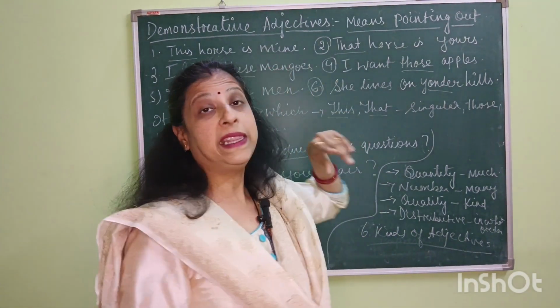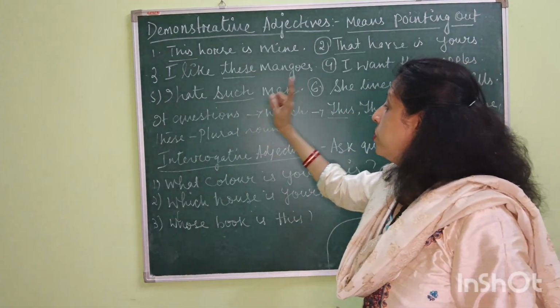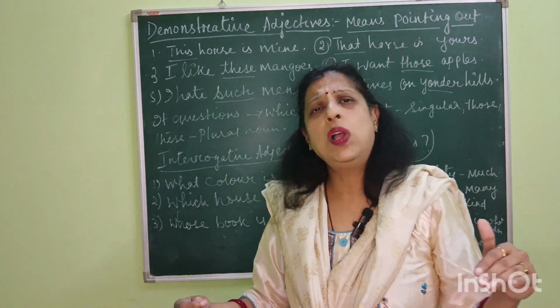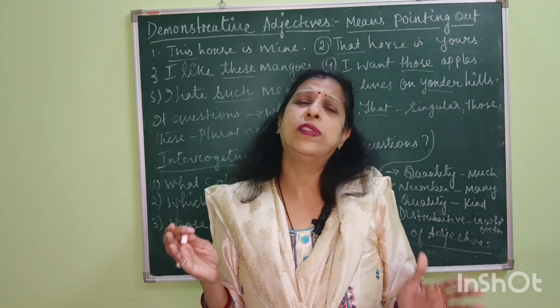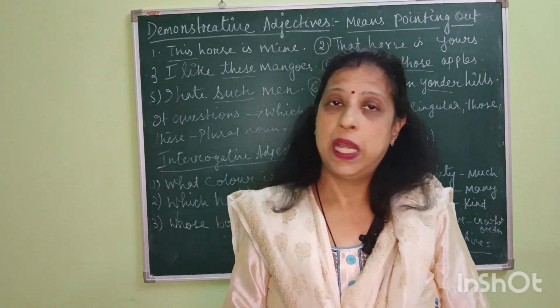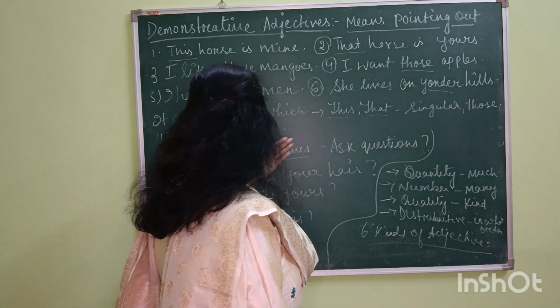Whereas those and these, like I like these mangoes, I want those apples, these and those are the words which are used with a plural noun. Remember that, children.